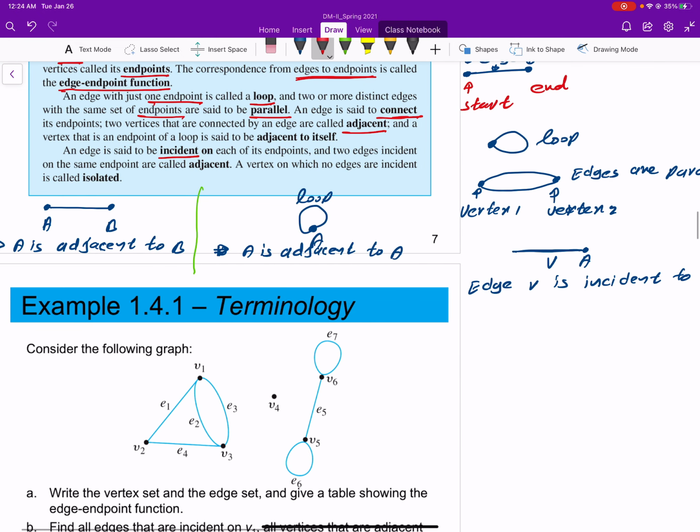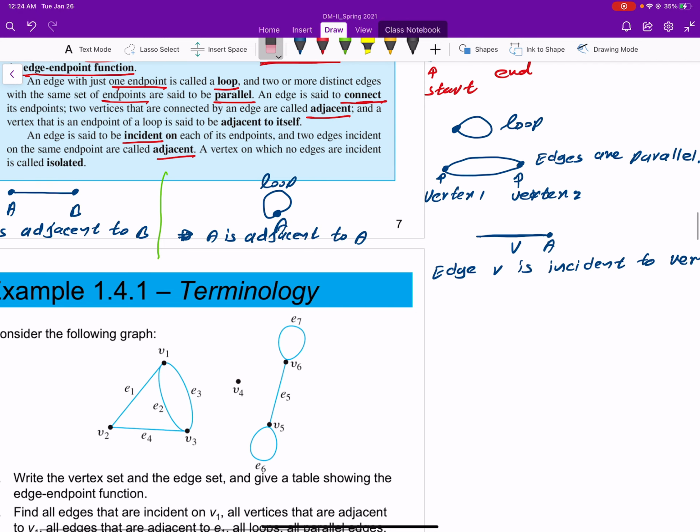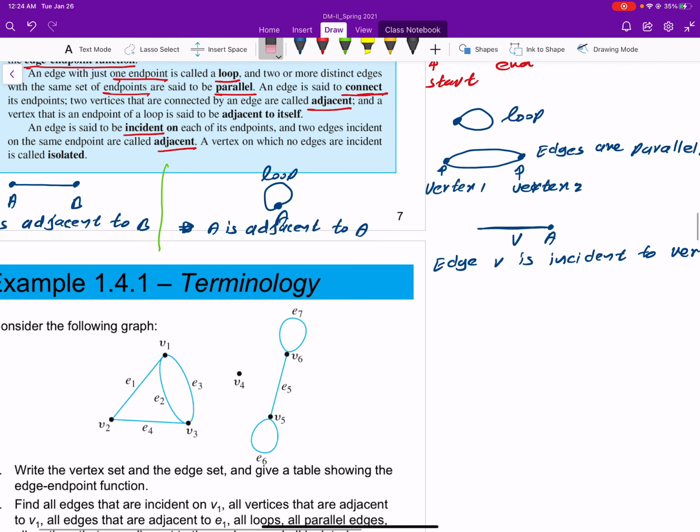You can learn this as you proceed. A vertex on which no edges are incident is called an isolated vertex. This is again something important. There's a vertex like this, and no edges are incident to it, meaning no edges are joining with this vertex.